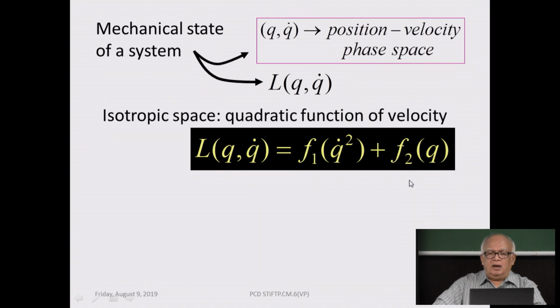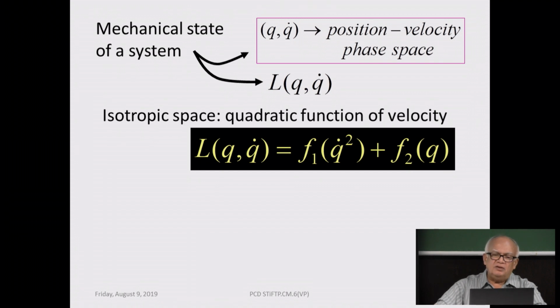Function of velocity: now, if space is isotropic, then property should not be different in different directions, right? So if there is a function of velocity, you would prefer that function to depend quadratically on velocity rather than linearly. Because when you take a quadratic function of velocity, it will be v dot v, which is v squared, and then it doesn't depend on the direction of velocity anymore. So you look for a function which depends quadratically on velocity.